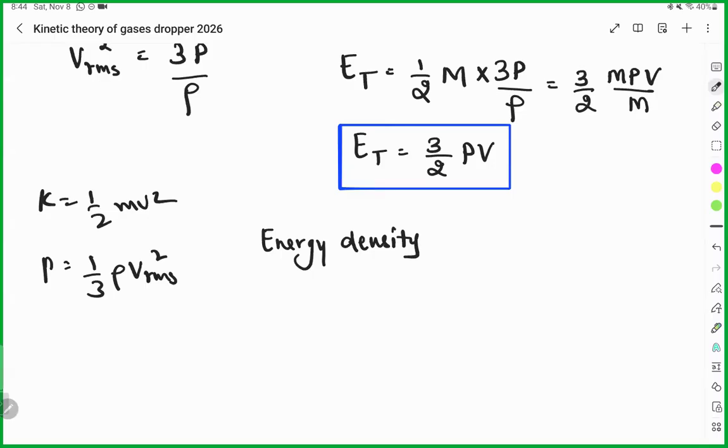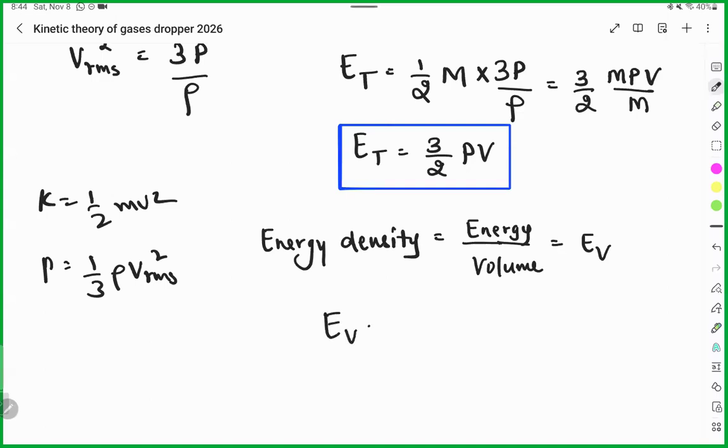Almost every chapter in 12th class, you have this energy density. So what is energy density? Energy per unit volume. This is energy density, correct? And this we symbolize by V. V means volume. Energy related with the volume, energy density.